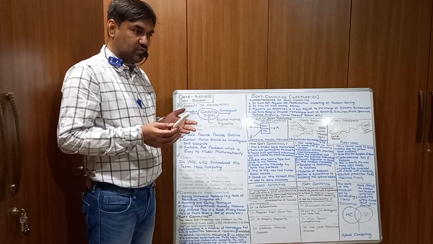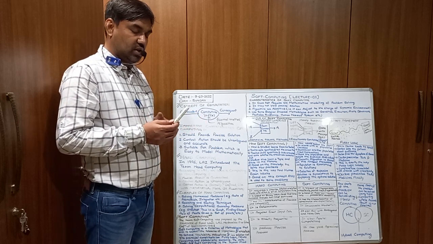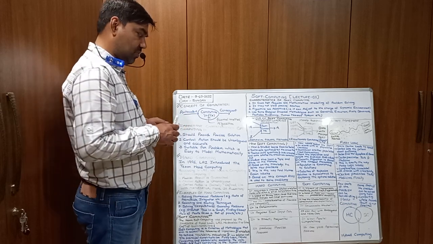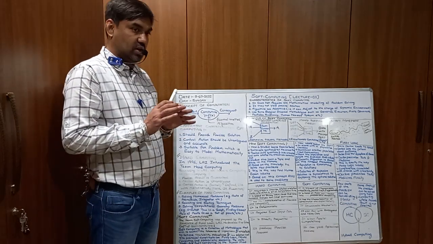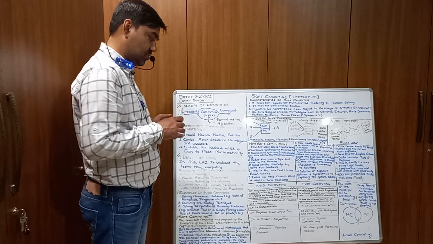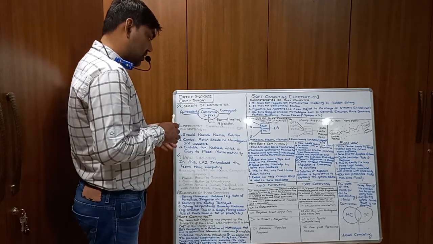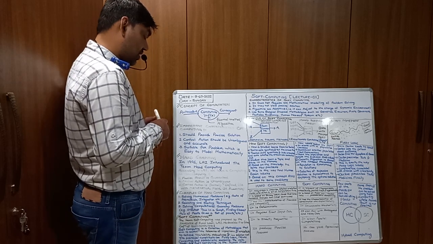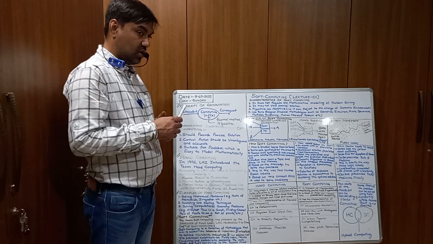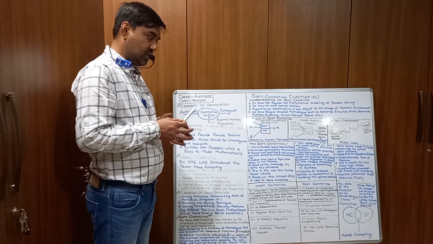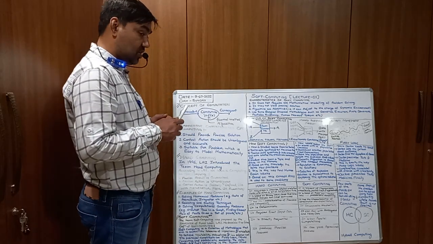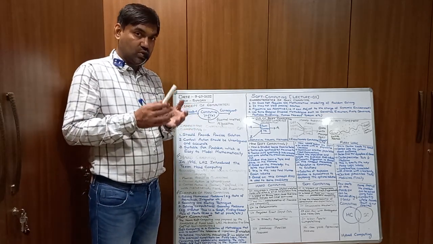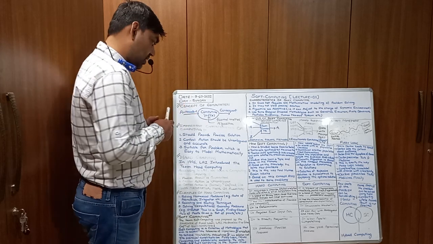You give the input and you get a particular output, and it must be unambiguous. Single interpretation should be there. The third is control action is formally defined, that is, with a mathematical model or algorithm. We already discussed that. There should be an algorithm to solve the problem.